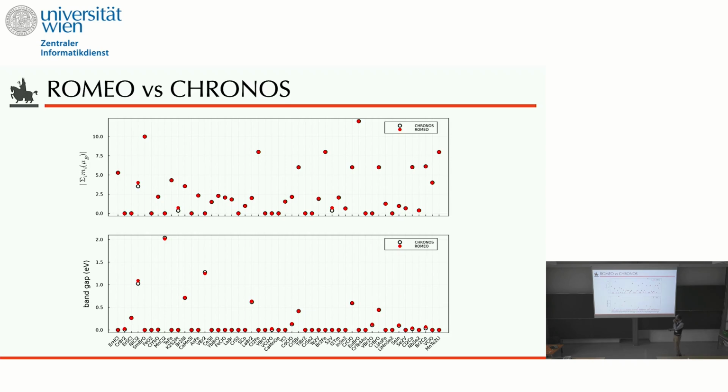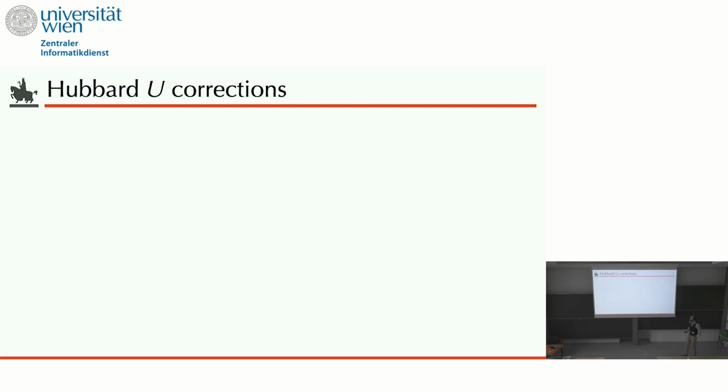But the problem is, can we be happy with these results based on pure DFT, or do we need something more? For magnetic systems, typically DFT alone is not enough.